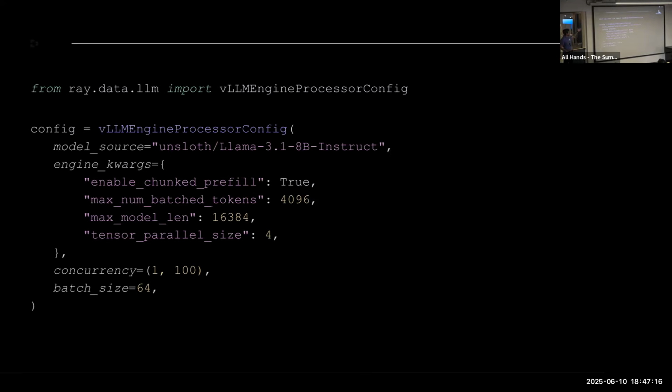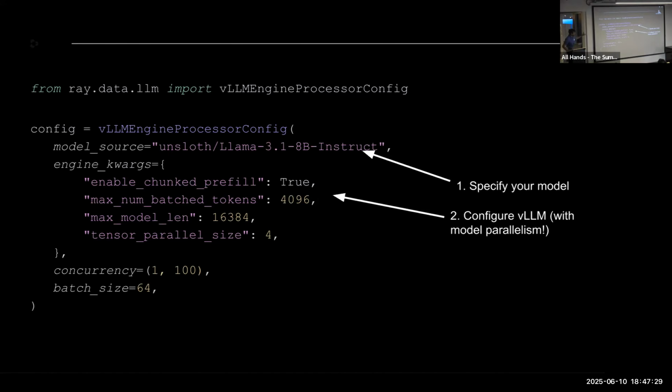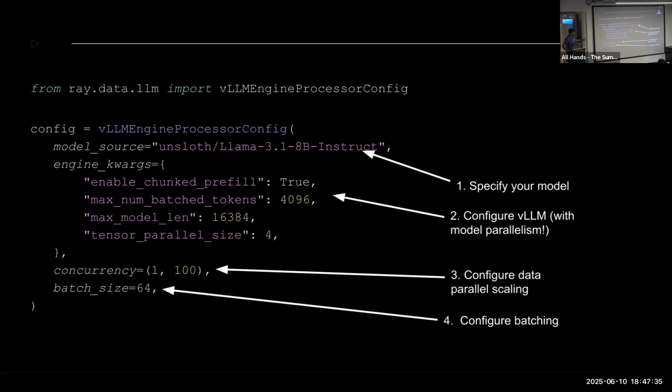So you import something from the Ray Data package, from the .llm, like a config object. Here I'm doing something for vLLM. In this config class, you can define your model name, your vLLM engine arguments, set up scaling, concurrency, stuff like that, and then batch size for fault tolerance and stuff like that.